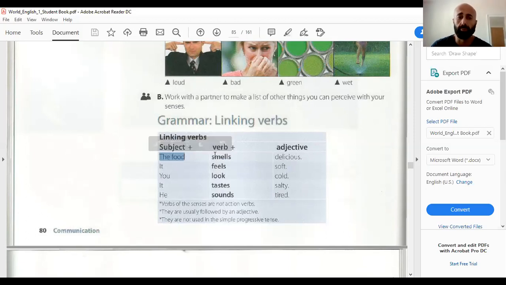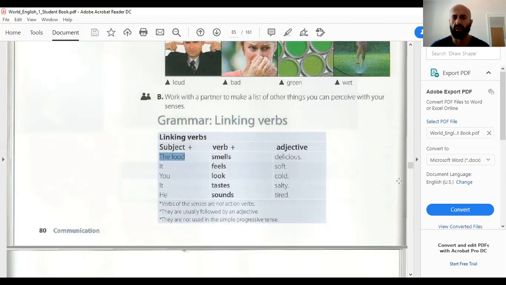And if they were simple past tense, you could say, the food smelled delicious. Yesterday or last night, I was with my friends at dinner and the food smelled delicious. That's possible. It felt soft.